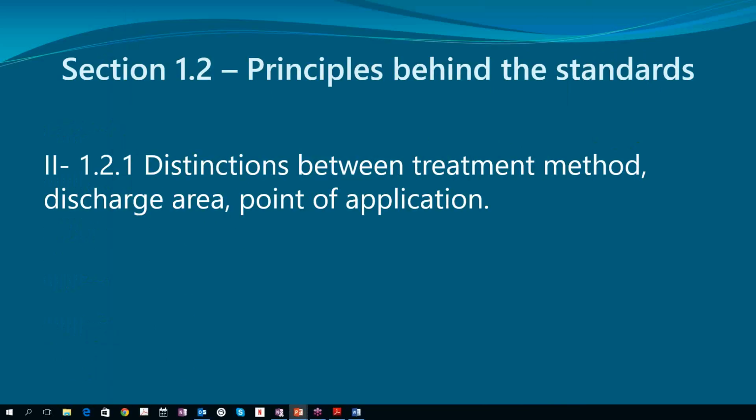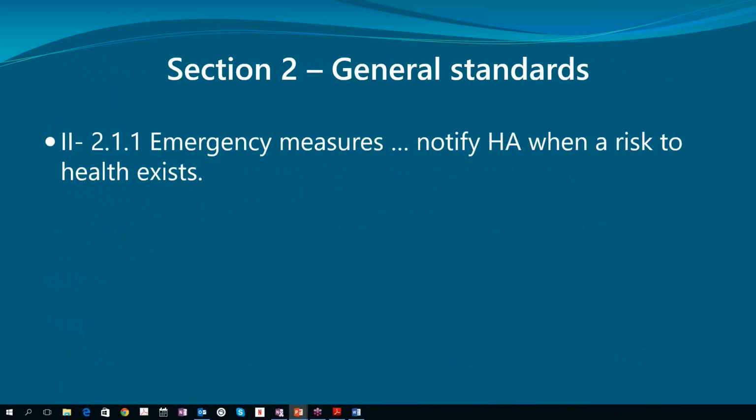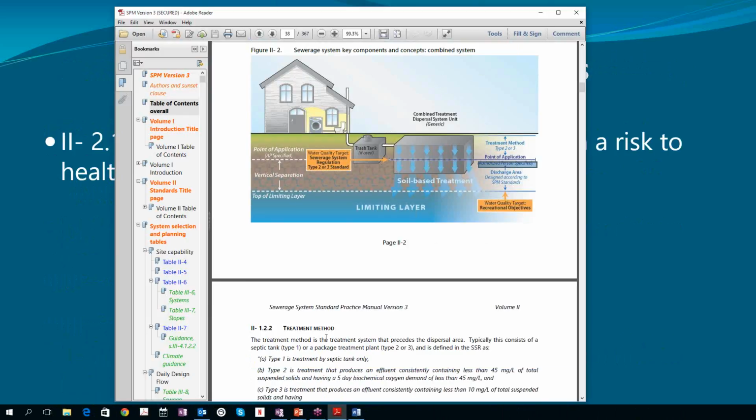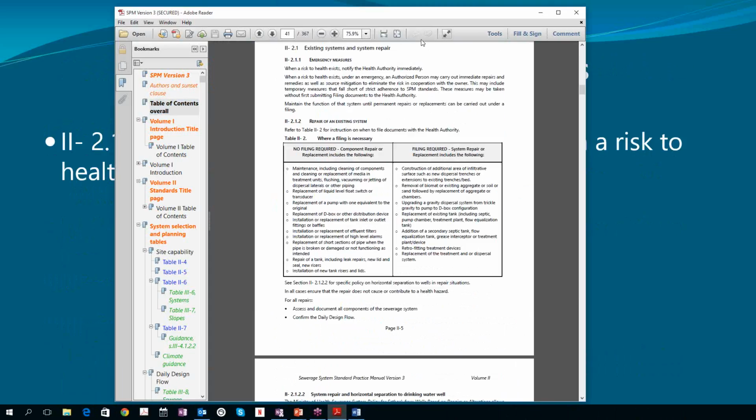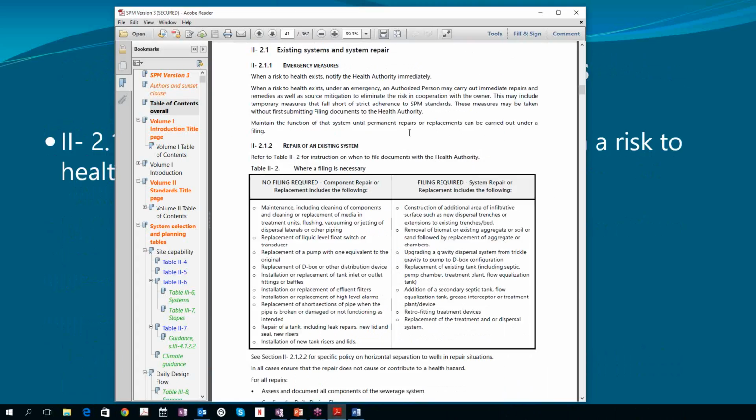What else do I have here? General standards, emergency measures, 2.1.1. What the heck was that again? 2.1.1. So again, this is important for maintenance providers in case they missed it earlier. Emergency measures, once again, it says notify the health authority in writing and keep that proof of due diligence.